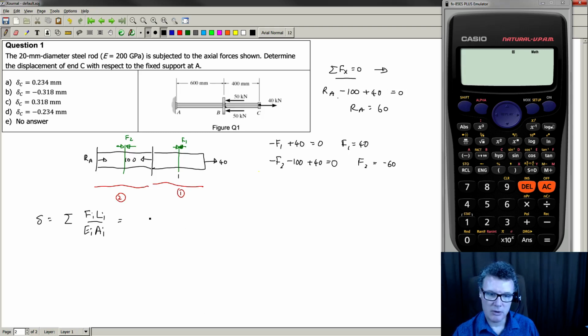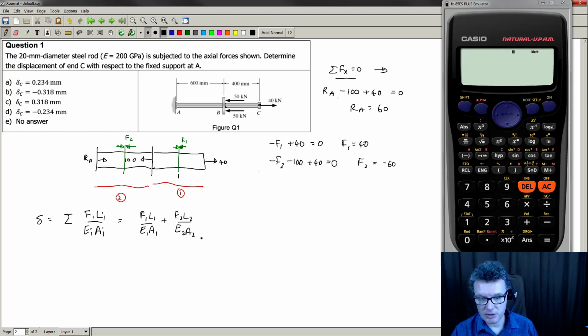So we've obviously got section 1, with length L1, E1 and A1, and then we've got F2, L2, E2 and A2.